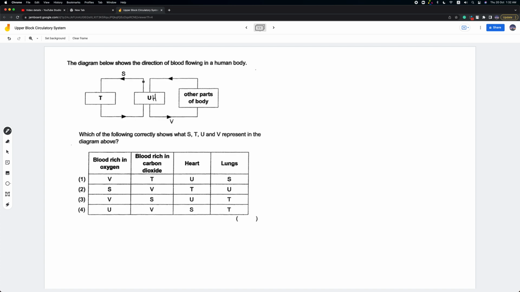If this returns to the heart, probably this is the lung, because we have the heart and the lungs. Whatever comes from the lung is rich in oxygen, and the opposite is CO2. It's good to write notes like this. So T must be the lungs, U must be the heart, so we know the answer is number 3.